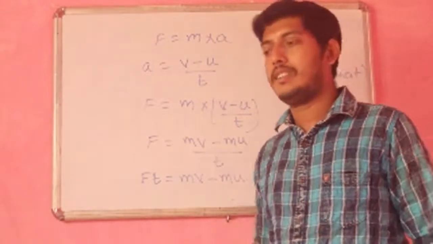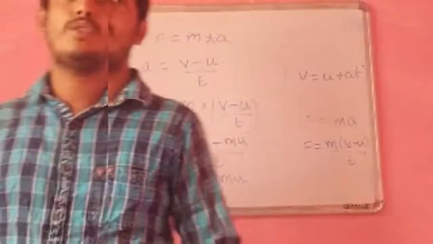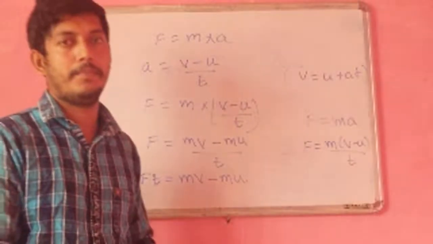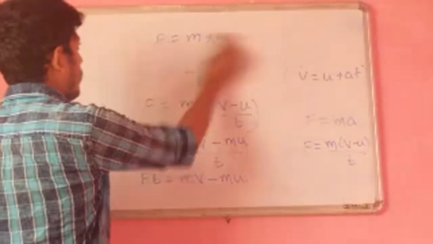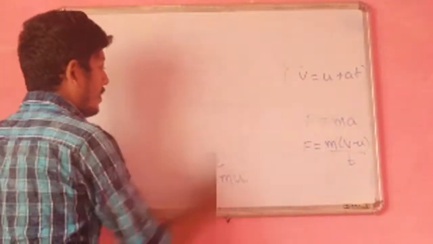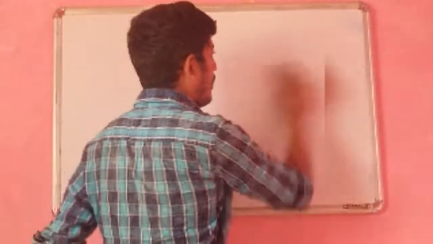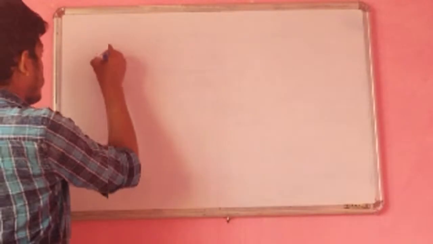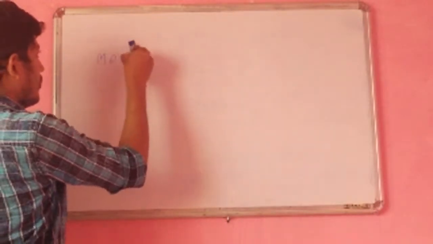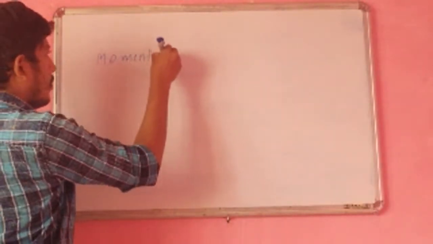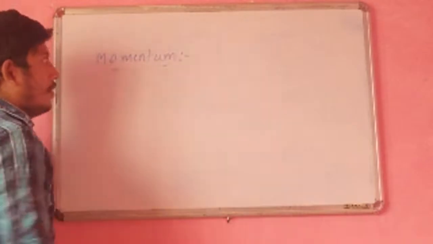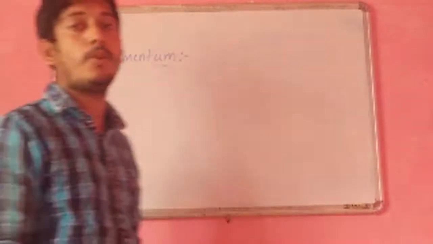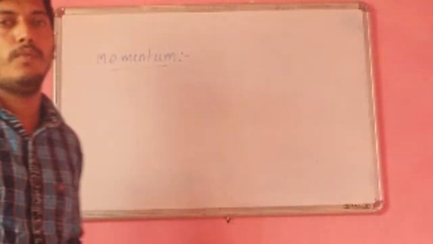Now I asked, what is the SI unit of momentum? So first I will write the definition. What is meant by momentum? Momentum is the product of mass and velocity.